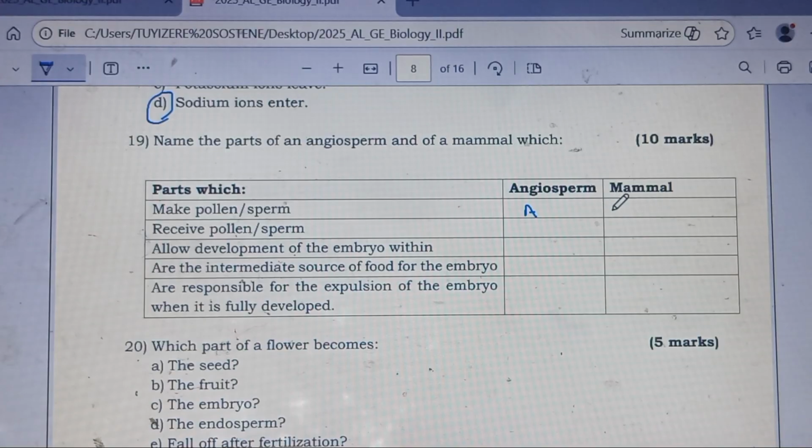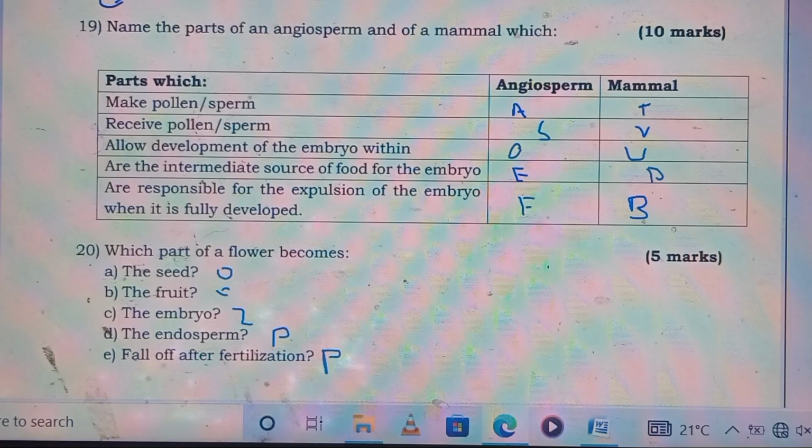For B, for mammals, it is called the testis. Let me write the first letter because it is not easy to type in a PDF document. They receive pollen grain and sperm. For the angiosperm, the part that receives pollen grain is called the stigma, but for mammals it is called the vagina.